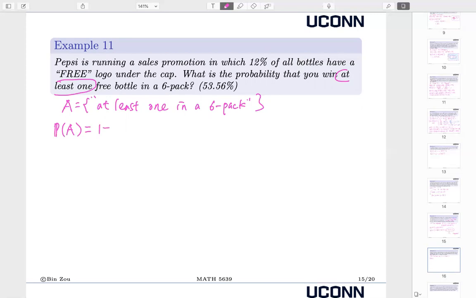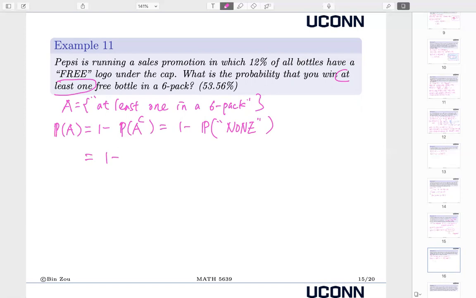But the opposite side is very simple, right? The complement, what is the complement? At least 1. The complement is none, right? And what is the probability of not seeing any of them?